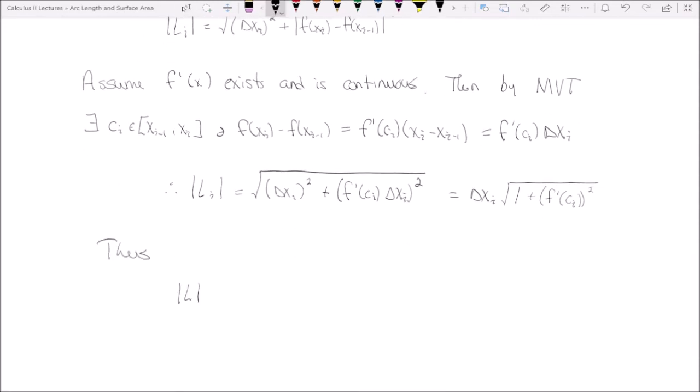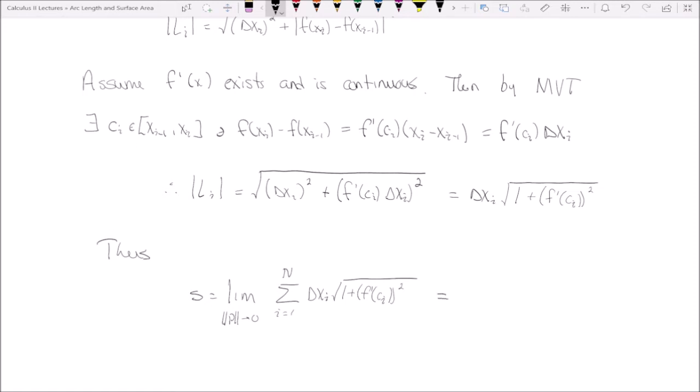Thus, the arc length is now the limit as the norm of the partition goes to 0 of the sum i equals 1 to n of delta x sub I times the square root of 1 plus f prime of c sub I squared. But that is a Riemann sum.